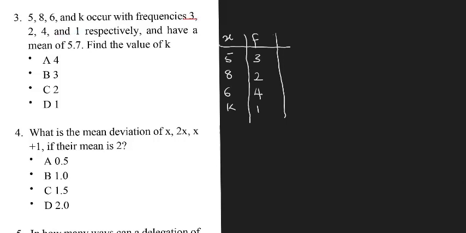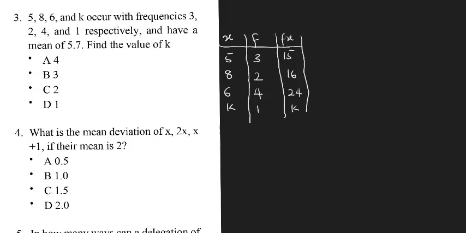So the next thing is to get our fx. We'll see the reason soon. The meaning of fx is x times f, right? So we're going to multiply the two columns together. So 5 times 3 is 15, then 8 times 2 is 16, then 6 times 4 is 24, and k times 1 is k.